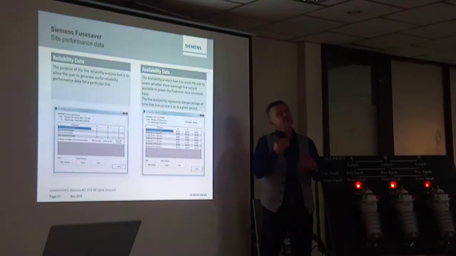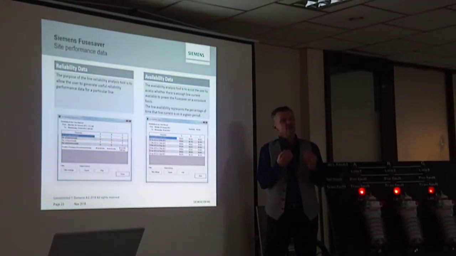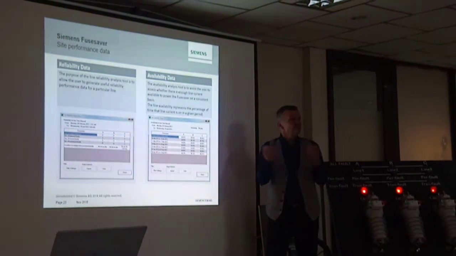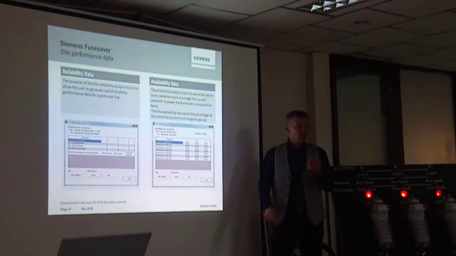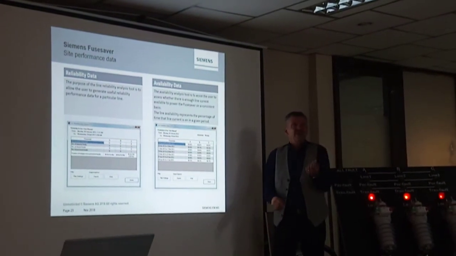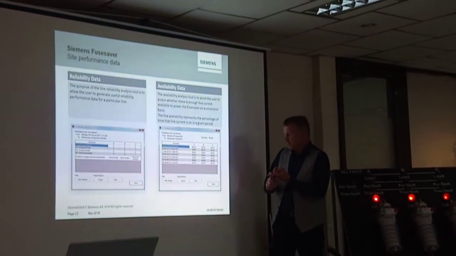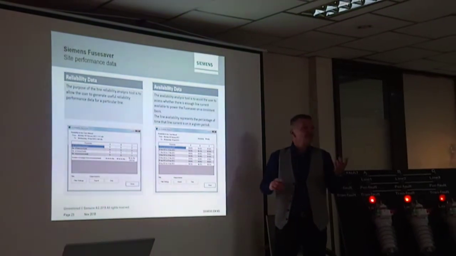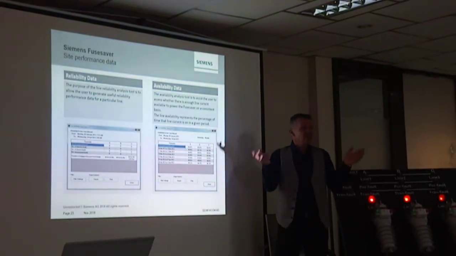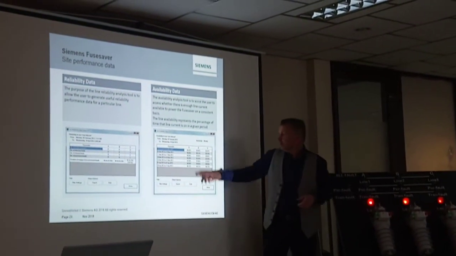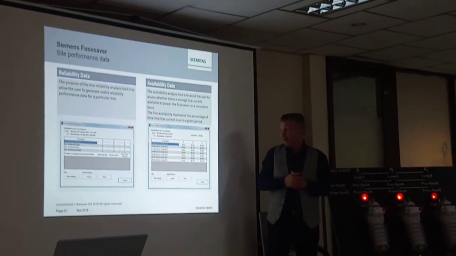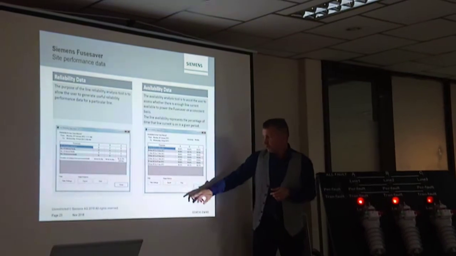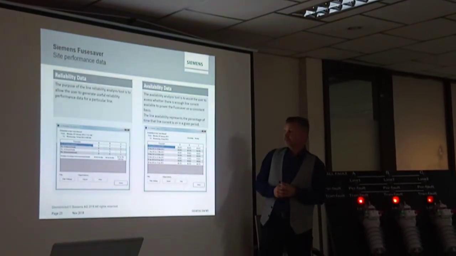Usually the regulator, and the government mostly is a regulator, and the utilities say, I have to convince, I need the reliability of more than 97% per day, something like that, or 99.9. Fuse Saver gives you this information for the protected branch. Even here, export and printing are possible.